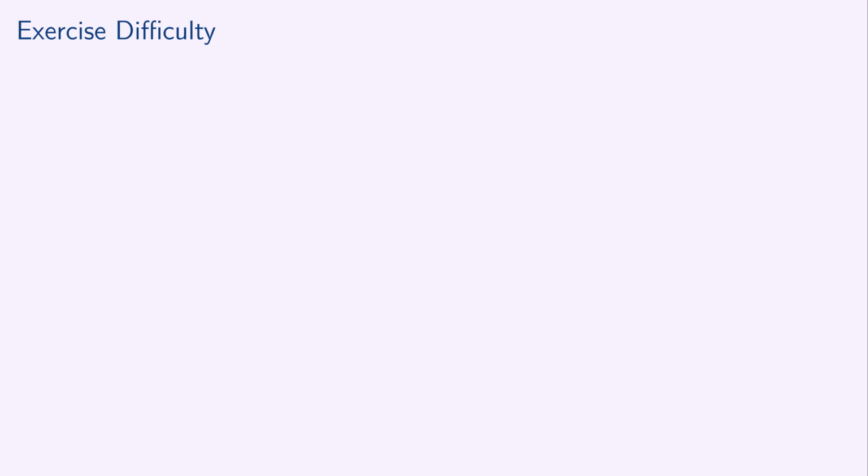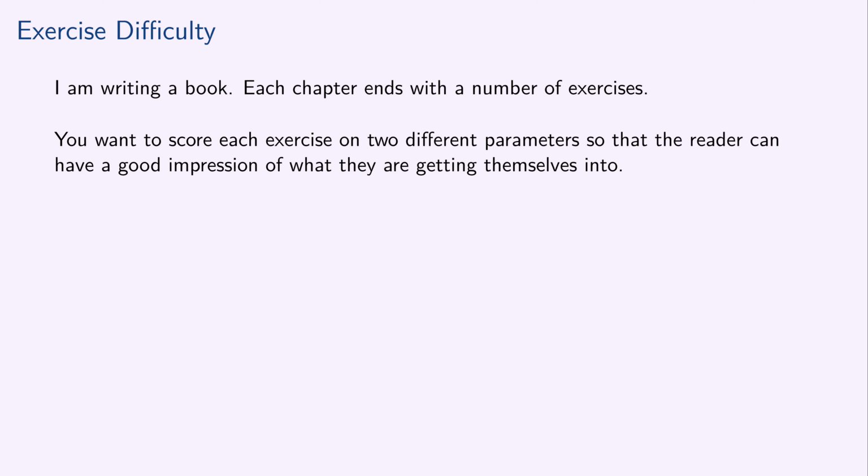The next part is exercise difficulty. As I mentioned, I'm writing this course book, and at the end of each chapter we have a number of exercises. And I would like to present this to the readers in such a way that I grade each of the exercises, I score them on how difficult they are.